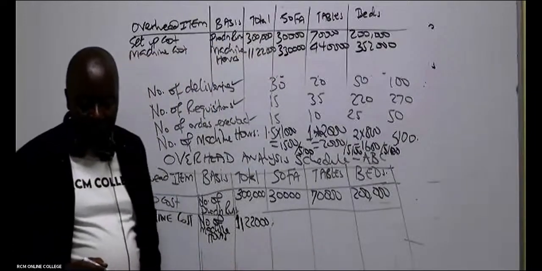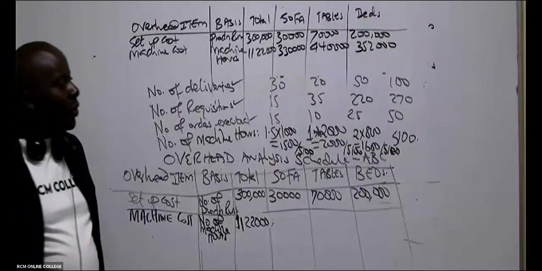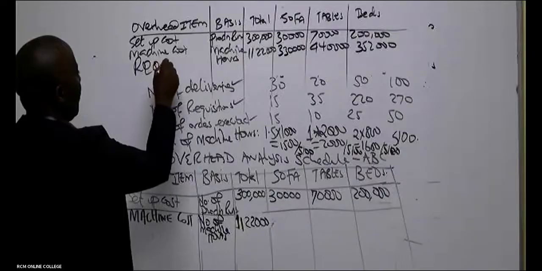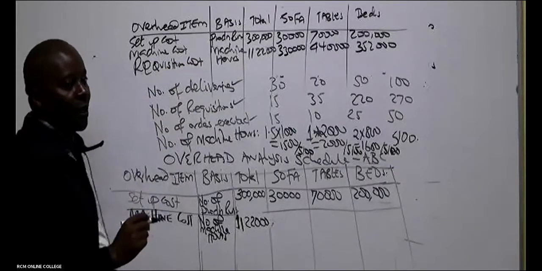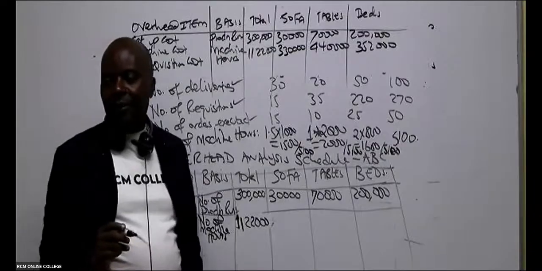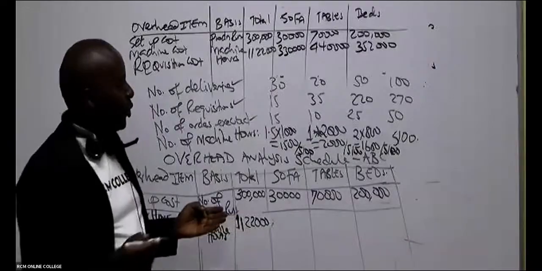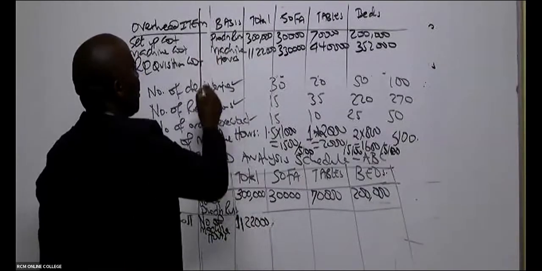We go to the third item. What is the name of the third item? Yes, requisition cost. So what is the basis? It is given, isn't it? Number of requisitions.